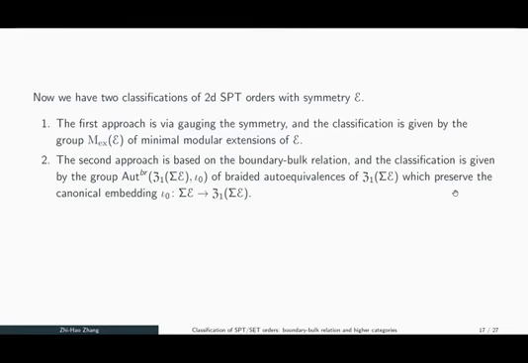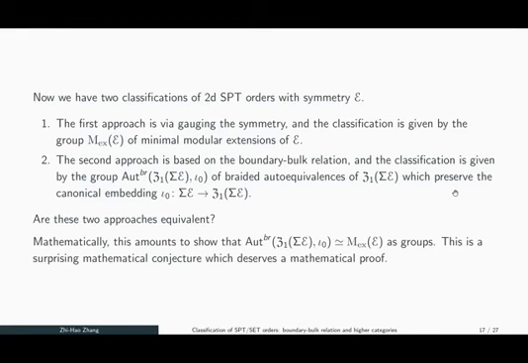So there is a natural question: are these two approaches equivalent? Mathematically, this means these two groups should be isomorphic, the group of minimal modular extensions and this automorphism group. And this is a mathematical conjecture and deserves a mathematical proof.